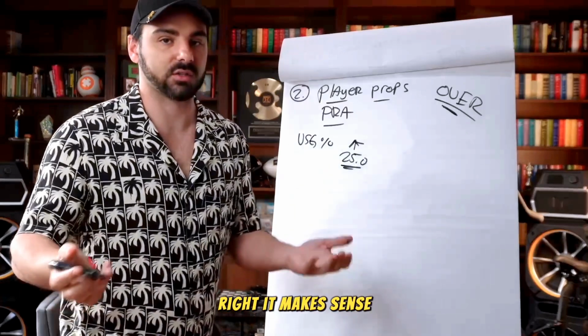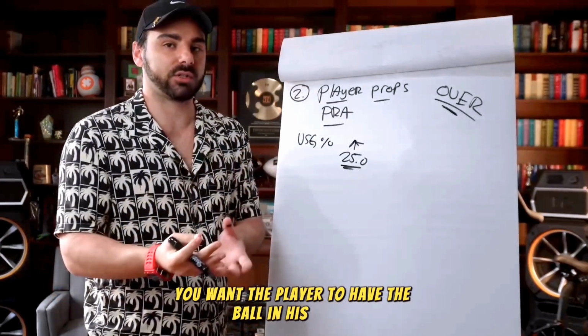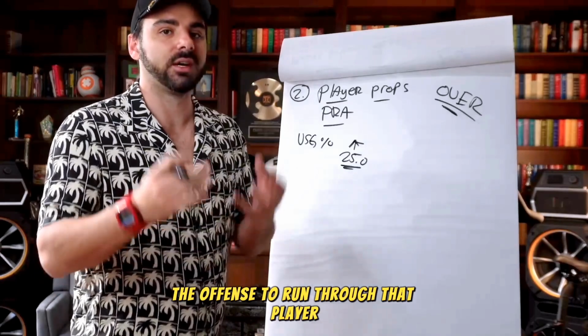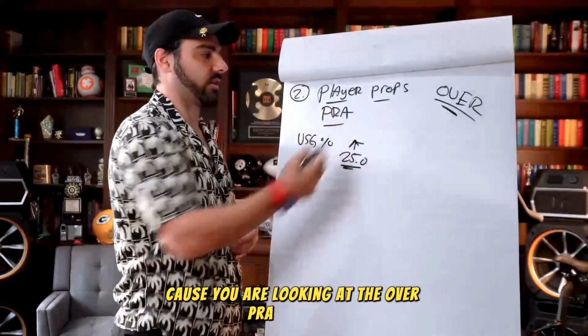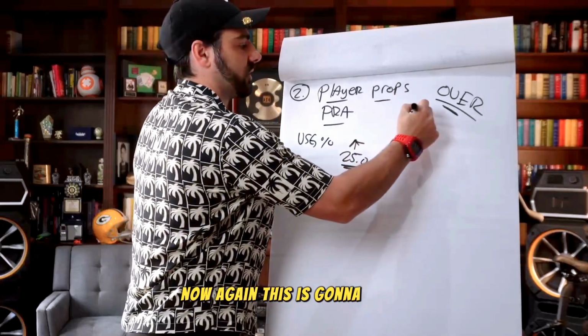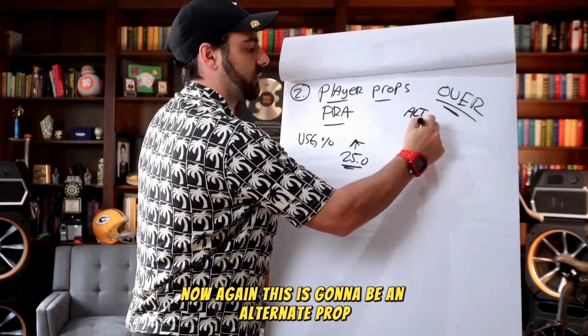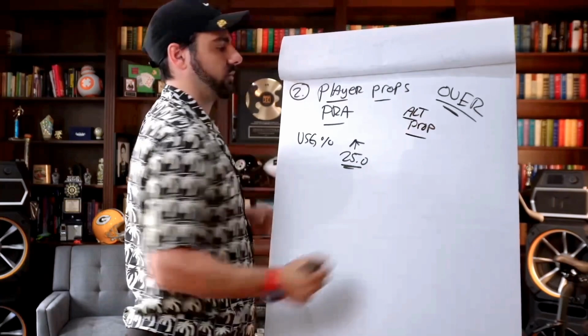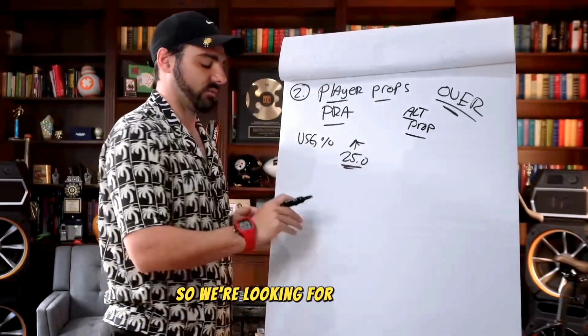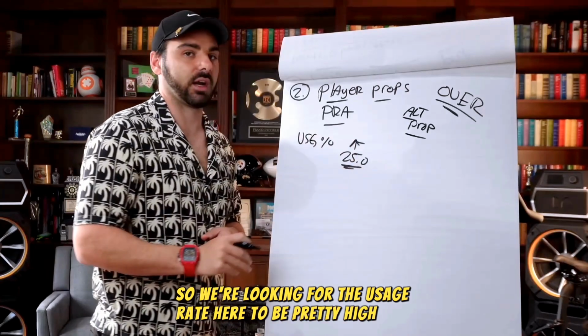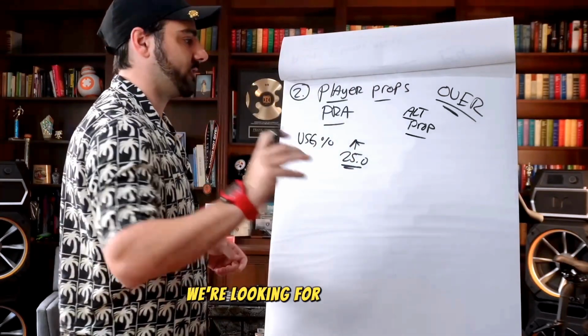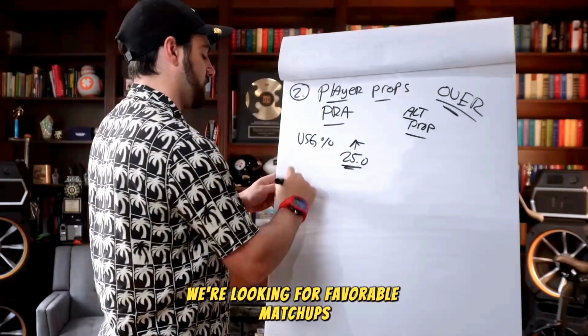You want the player to have the ball in his hands, the offense to run through that player, because you are looking at the over PRA for that. Now again, this is going to be an alternate prop. Alternate prop. So we're looking for the usage rate here to be pretty high. Next, we're looking for favorable matchups.